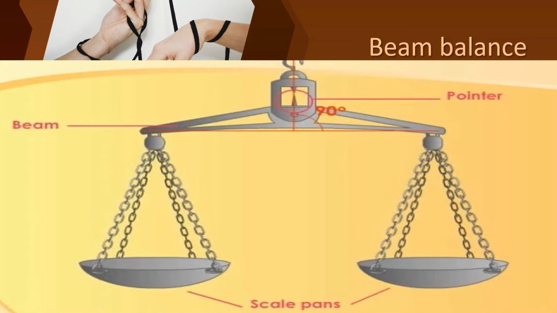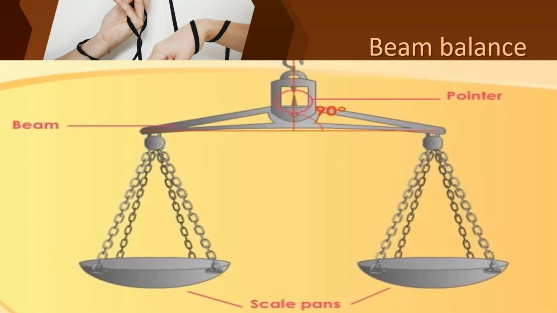And there are strings. The pans are connected by strings. So first of all, while measuring with this beam balance, you should check that the two pans are of equal mass, and the strings are of equal length.